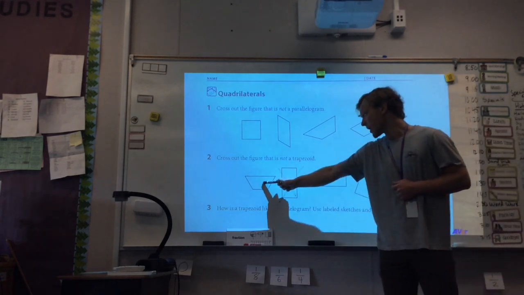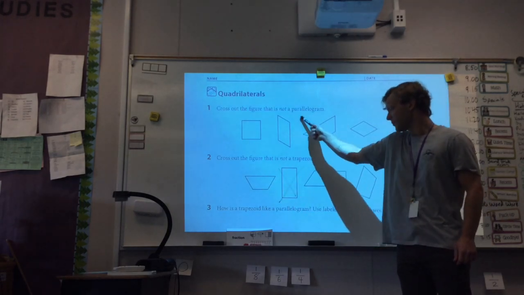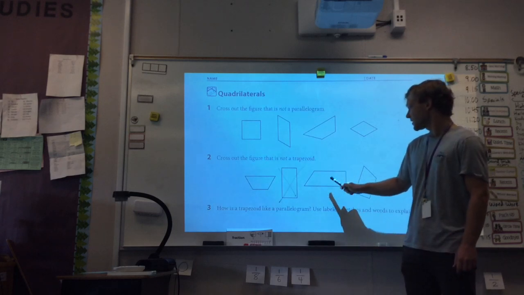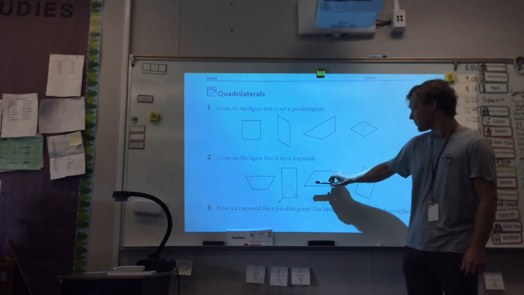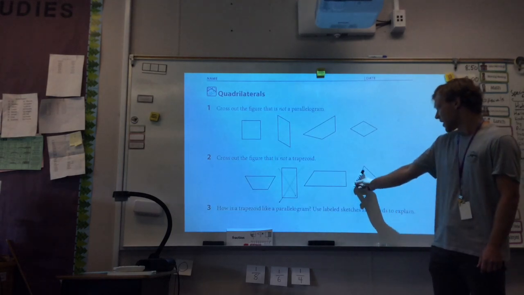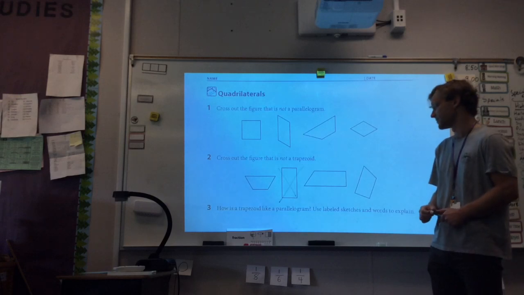So this is a trapezoid, this is a rectangle, also a parallelogram because it has 2 parallel sides. This is a trapezoid because it has 1 pair of parallel sides, these 2 lines would intersect. This is a trapezoid because it has 1 pair of parallel sides.